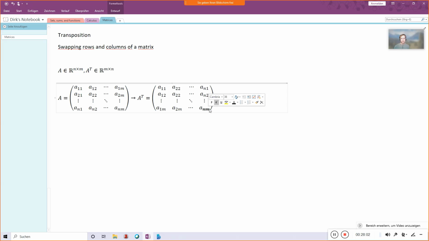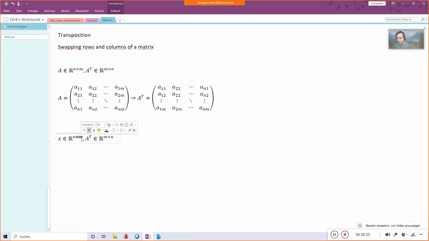So that's essentially transposition, which shows up in formulas. It's exchanging the row and column dimension, if you want. One thing that is maybe of interest: if you have some vector x and you transpose that, then you get a 1 times n matrix.